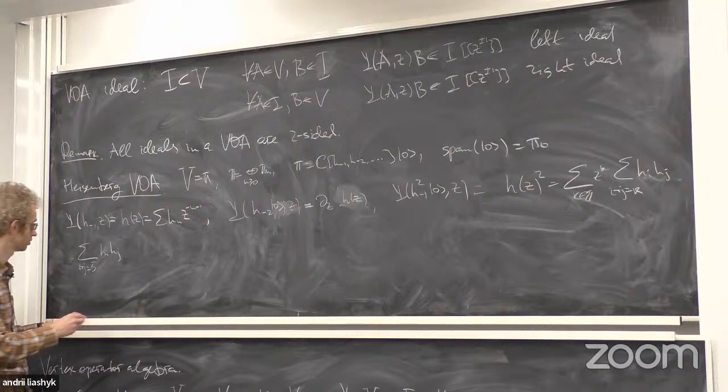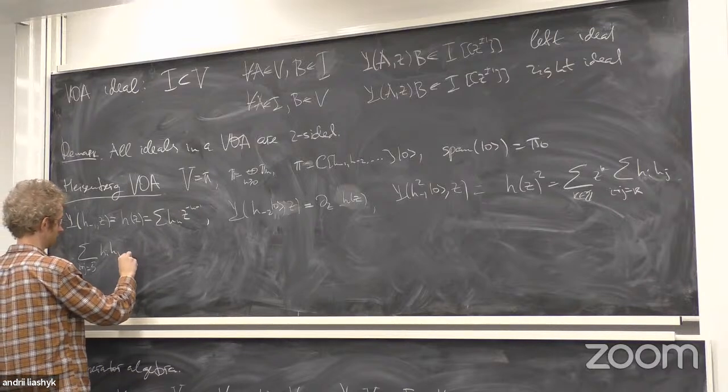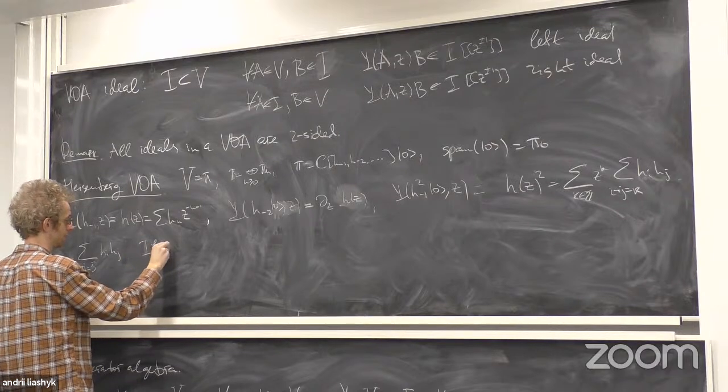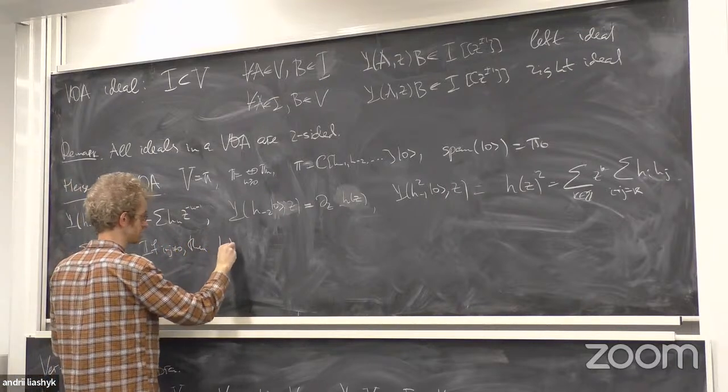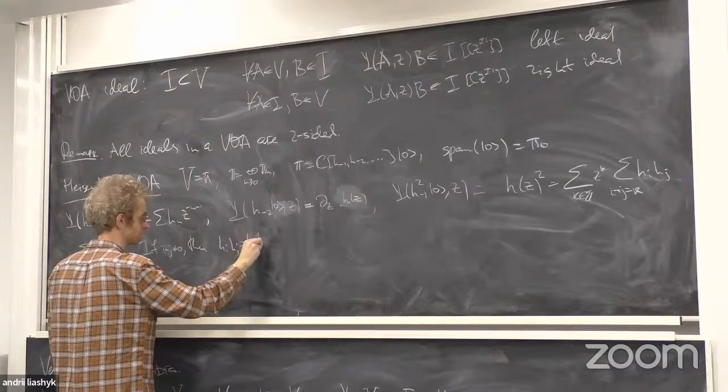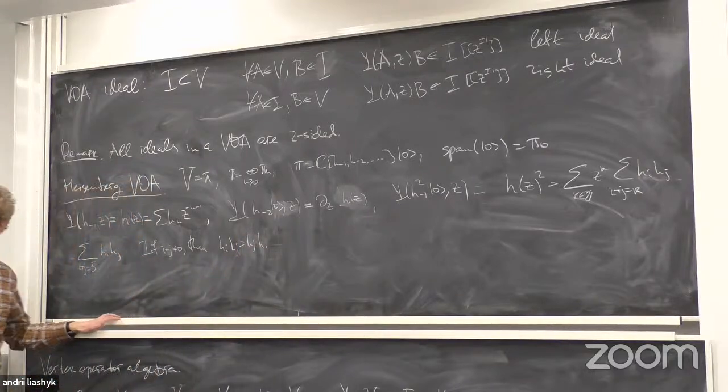Right, right. So the important thing is that if i plus j is non-zero, then hi hj equals hj hi.